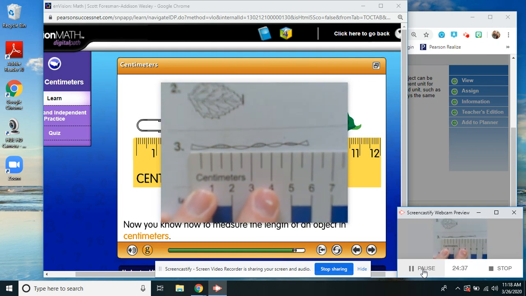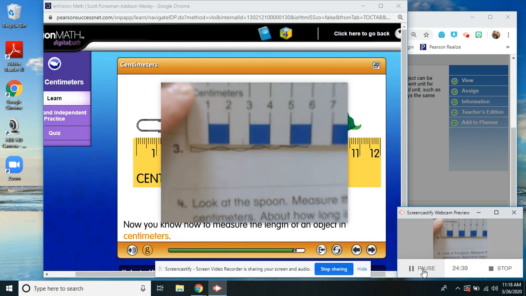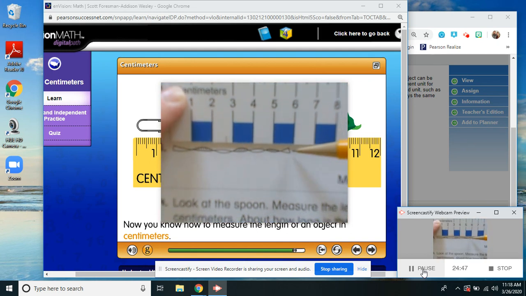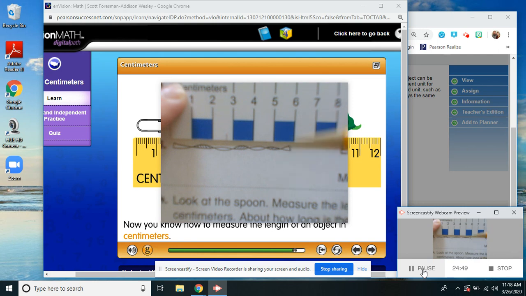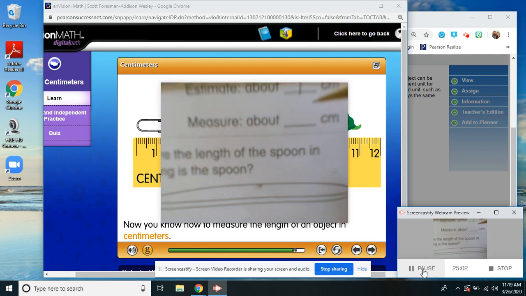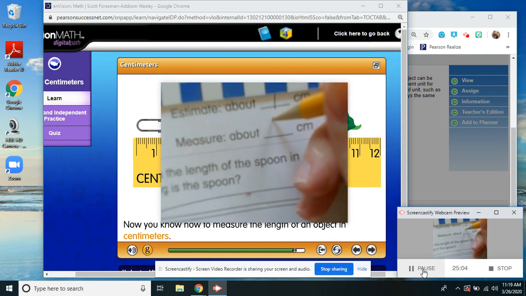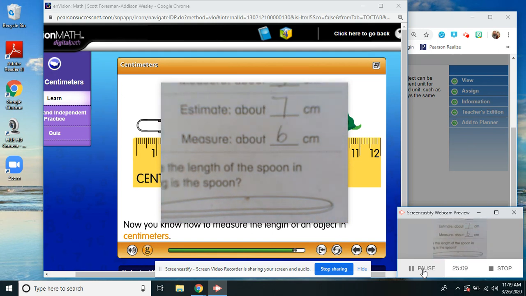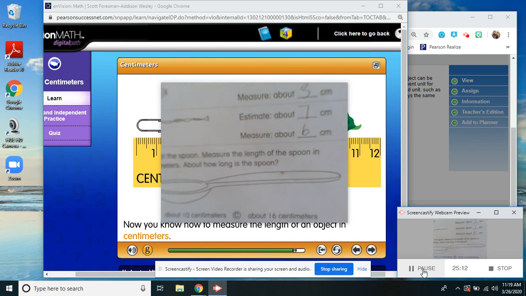It looks like my object, maybe I'm just going to call it my ribbon, is landing between 5 and 6. It's really close to 6 centimeters. So I'm going to say that it measures to be about 6 centimeters.